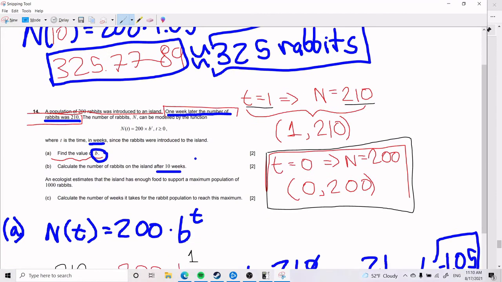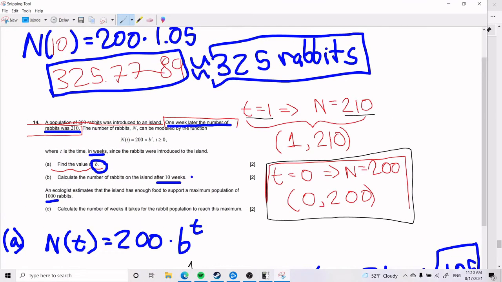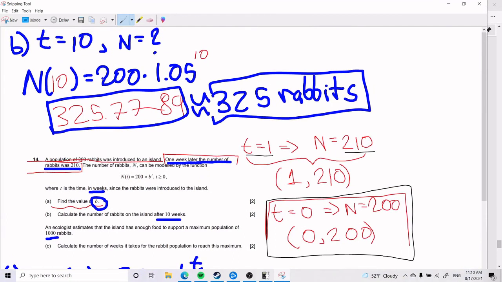Finally, for part C, they give us that an ecologist estimates that the island has enough food to support a maximum population of 1,000 rabbits, and we need to calculate the number of weeks it takes for the rabbit population to reach its maximum. Now notice what we did for part B, we were plugging in t and finding an n, and now what we're gonna do is plug in an n, which is gonna be 1,000, and find our t.